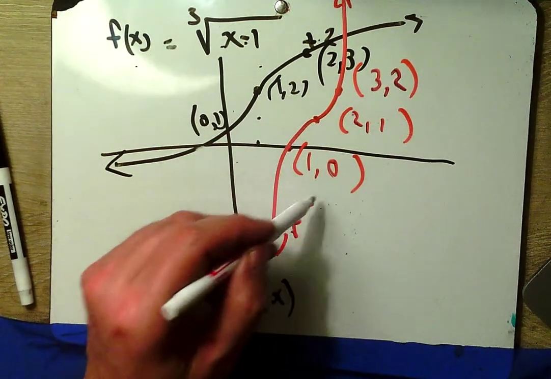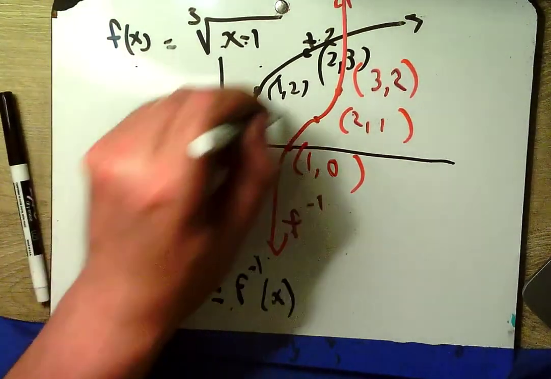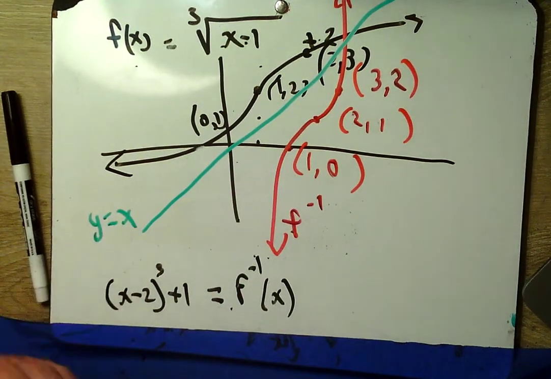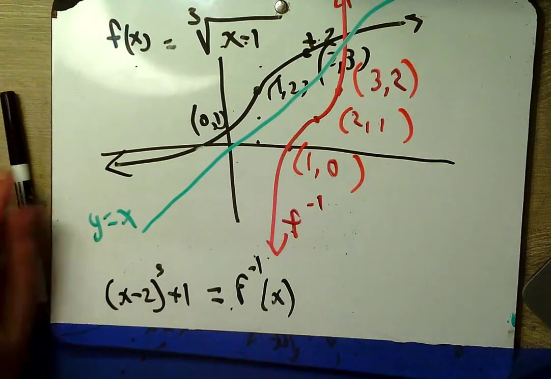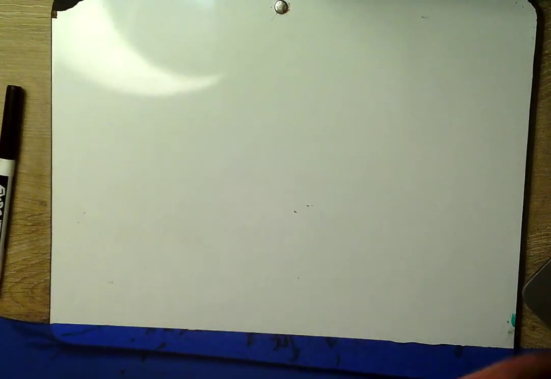And there's my f inverse. And look, even on my crappy graph, it's pretty close to reflecting across the line y equals x. So we've got ways to understand making an inverse algebraically, graphically, and numerically.